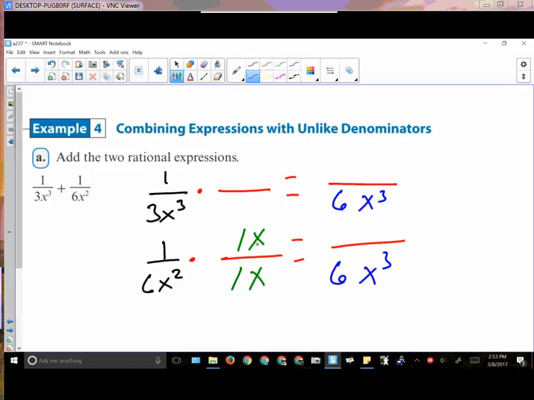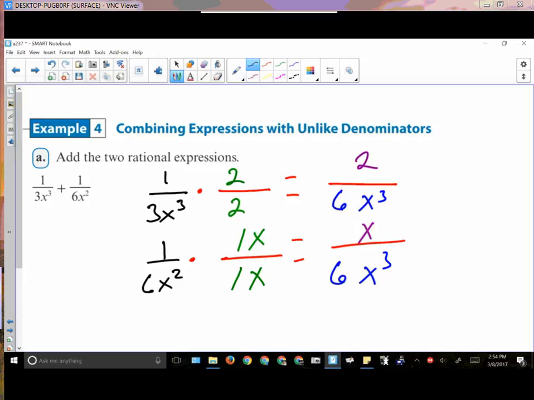One times 1x, well, that's just going to be 1x or just x, correct? Okay, I do the same thing again. 3 times what is equal to 6? 2. So now I got x cubed and x cubed, that's it. What I write here goes up here. 1 times 2 is 2.